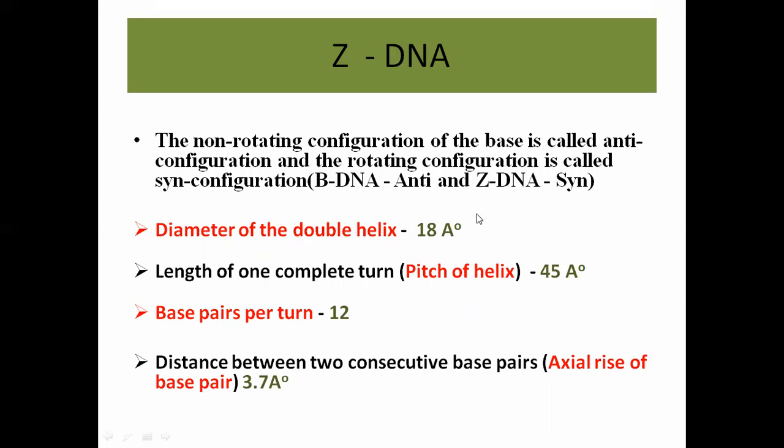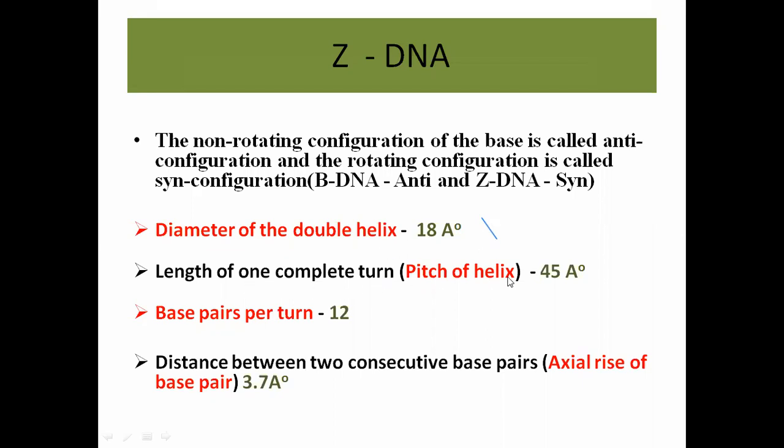Just compare this with BDNA. The diameter of the double helix for ZDNA is 18 angstrom, and for BDNA it was 20 angstrom.